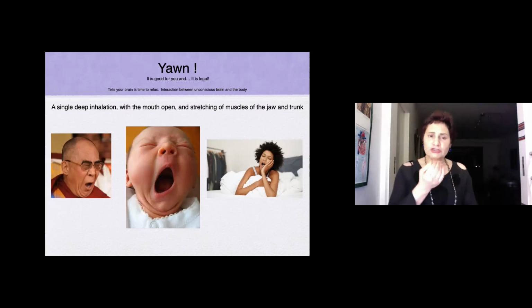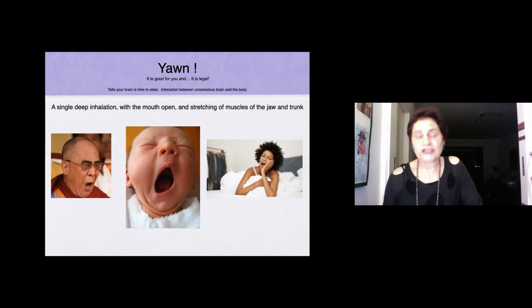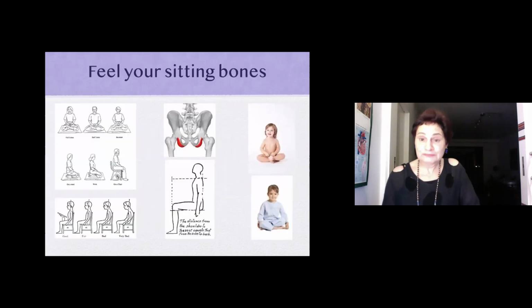Try, with a single deep inhalation, with your mouth open and the tongue retracted a little bit, to stretch. Okay, so perhaps the next one is going to be more successful.